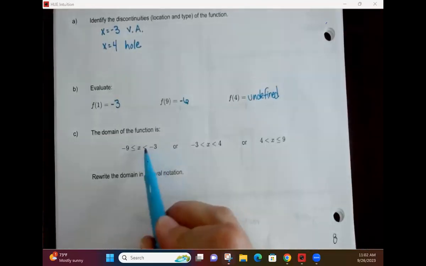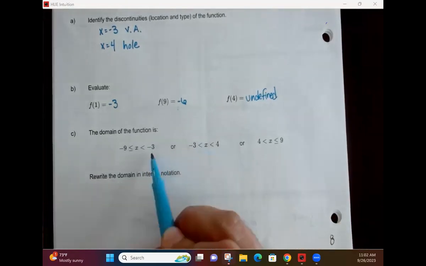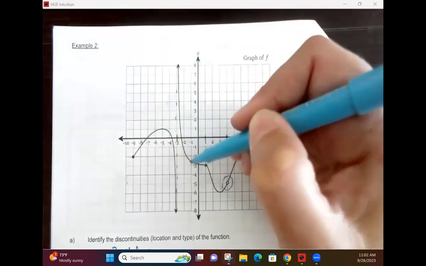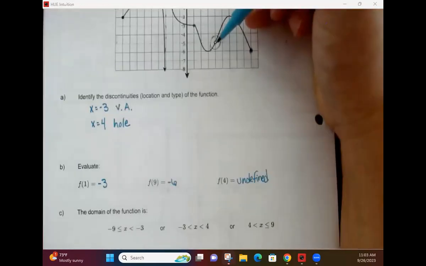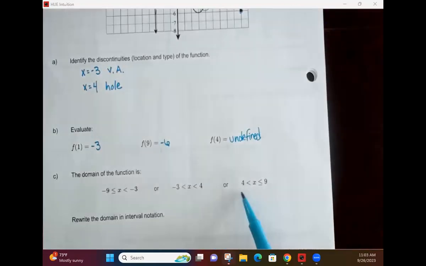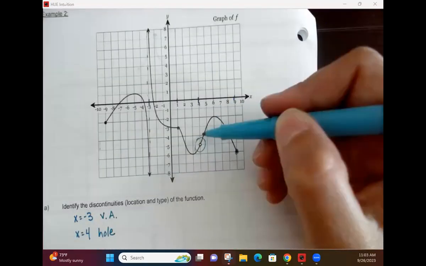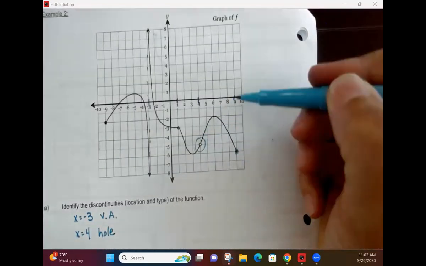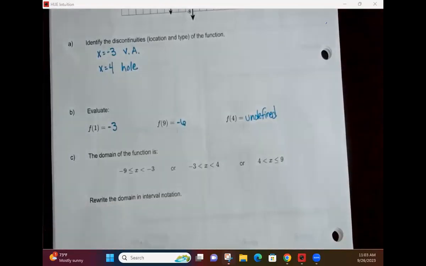Okay, can't be -3, and then bigger than -3 up to 4. X cannot be 4, so I've got to split up my domain there again. And then bigger than 4 up to and equal to 9. So there's our domain in inequality notation given for us.